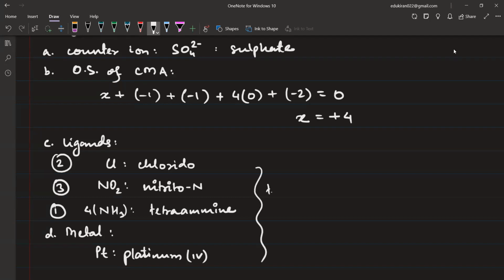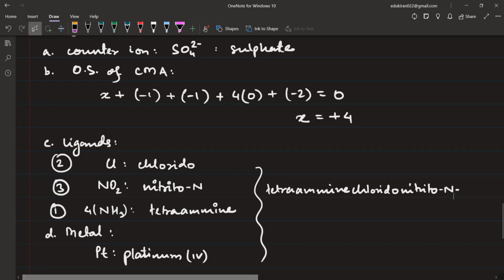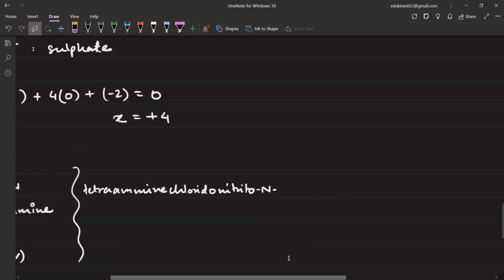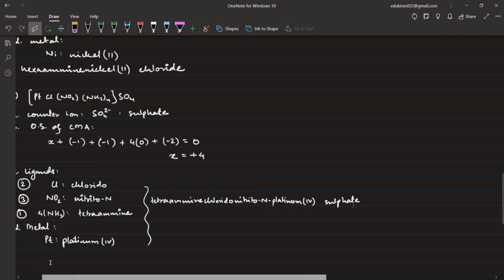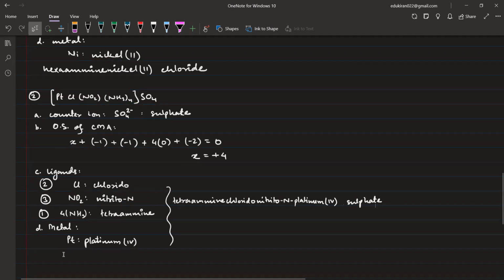The name is going to be tetraamine, then we have chlorido without any space, then nitrito-N, platinum(IV) with space sulfate. Write this down. Let me know once you're done.